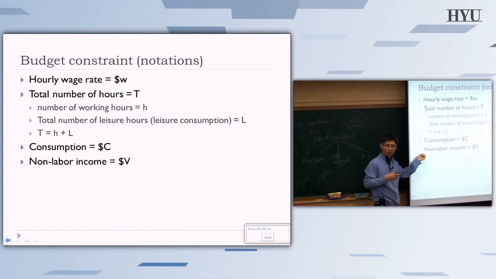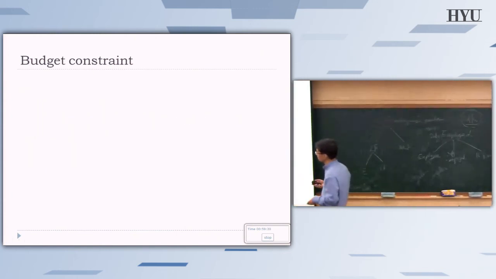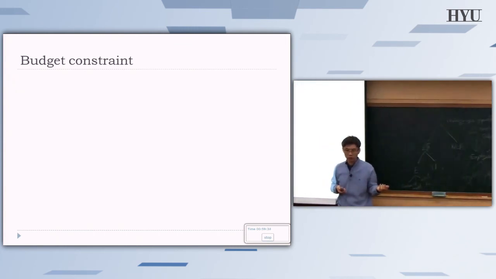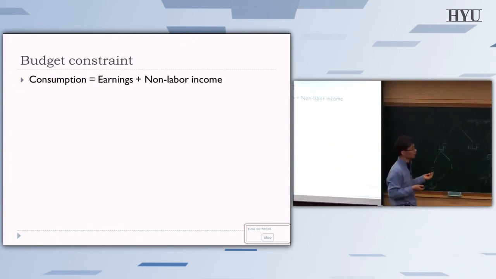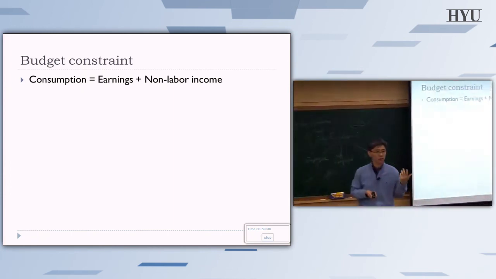We don't need V to be always positive. It can be 0, but still, to be more general, we just think of V. Got it? It's a very simple structure. In this model, the budget is simple. Consumption should be equal to total income because this person does not save.